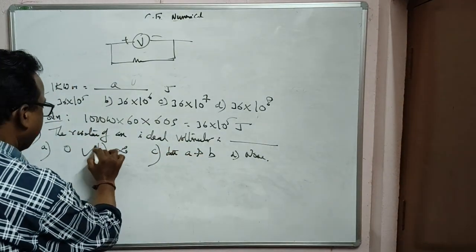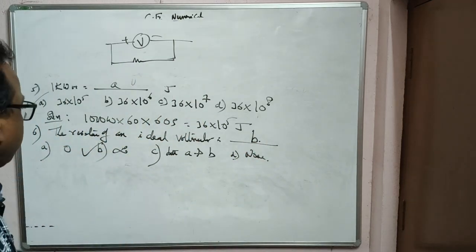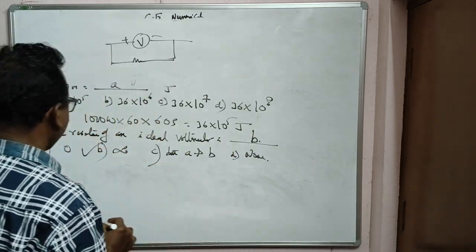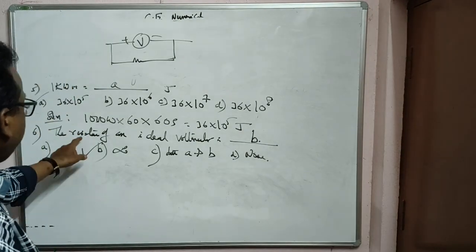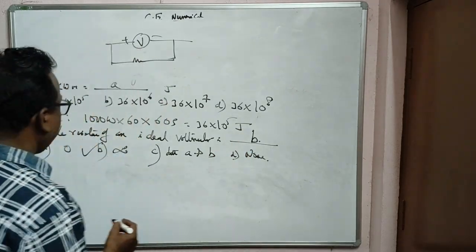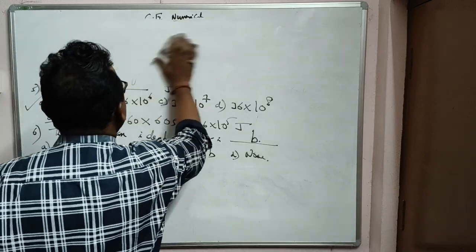So B is the answer, not 0, and not both A and B. It cannot be 0 and infinity. For ideal resistance of voltmeter is infinity. Next one, and make a note, it is always connected in parallel with the external circuit.